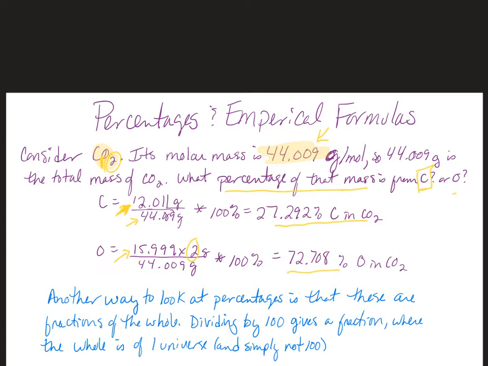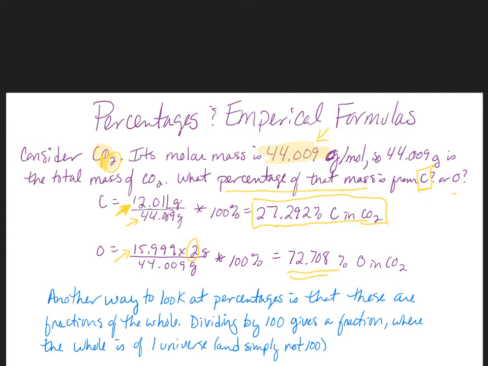It is absolutely true that you could have taken 100 and subtracted out the percentage of mass that was from carbon in this problem in order to get the percentage of oxygen. If that's the way you want to approach that, that's absolutely fine. Another way to look at percentages is that they're fractions of the whole.